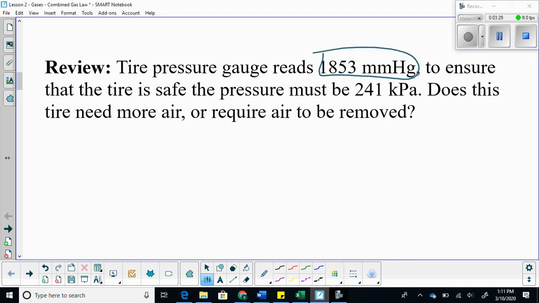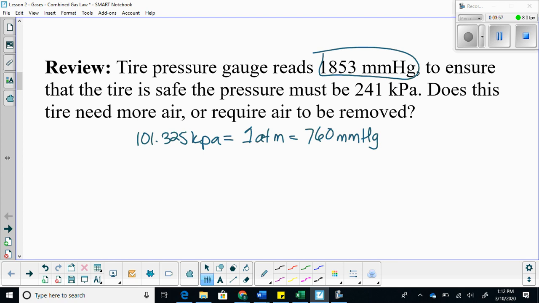So speaking of pressure conversion, yesterday you would have found that there are multiple ways to express pressure. 101.325 kPa is equal to 1 atmosphere, which is equal to 760 millimeters of mercury.